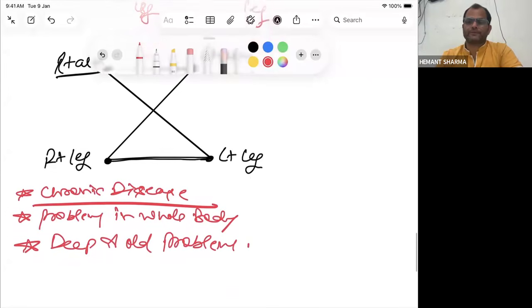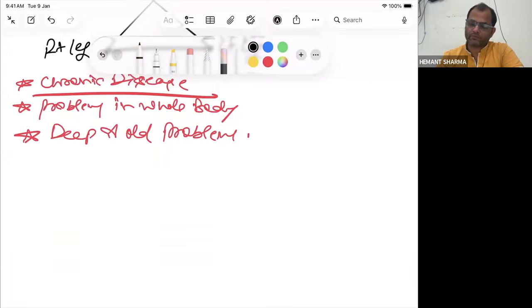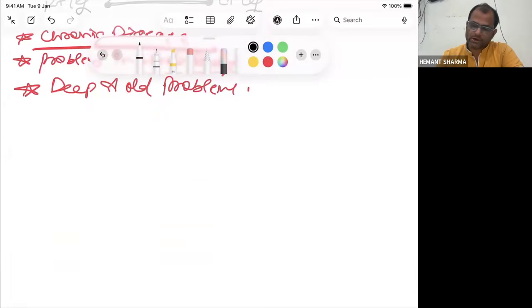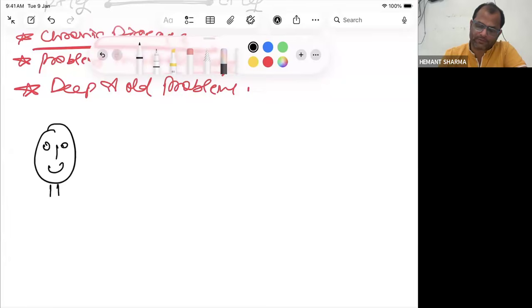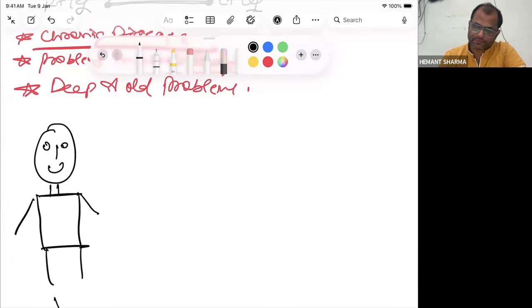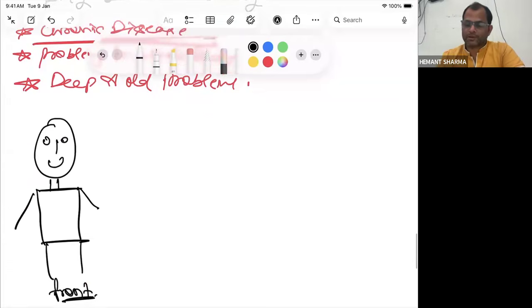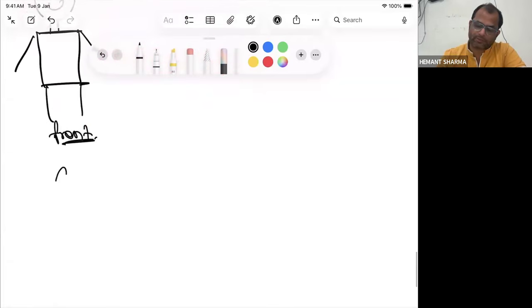For example, let's talk about someone suffering with a problem in the front part of the body. Someone else is suffering with a problem in the back side of the body.